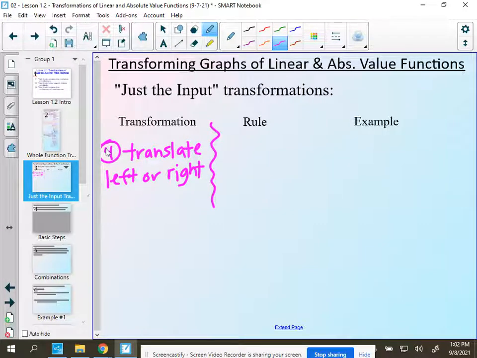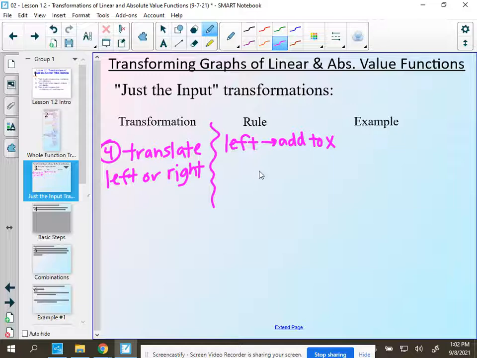All right, so what do I mean by that? The rule is we're still going to add or subtract. If I want to go left, this is still backwards. If you want to go left, in my head at least, I think if I'm moving left, I'm subtracting, I'm decreasing, but it's actually backwards. Left, you would add to x.